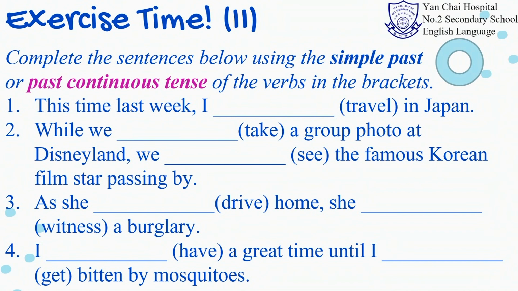Let's check the answer together. Number 1. This time last week, I was traveling in Japan. Number 2. While we were taking a group photo at Disneyland, we saw the famous Korean film star passing by.